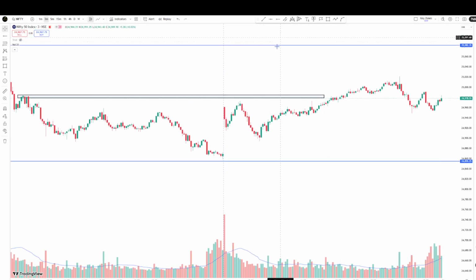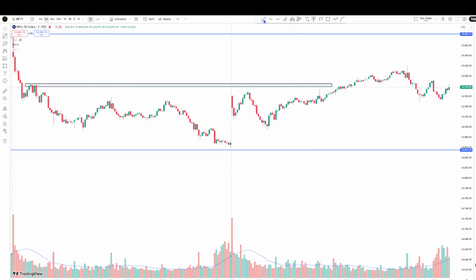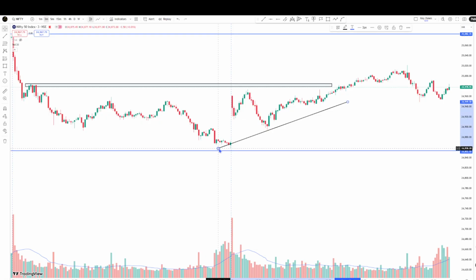If I draw a trend line, this particular trend line was emerging at this level.